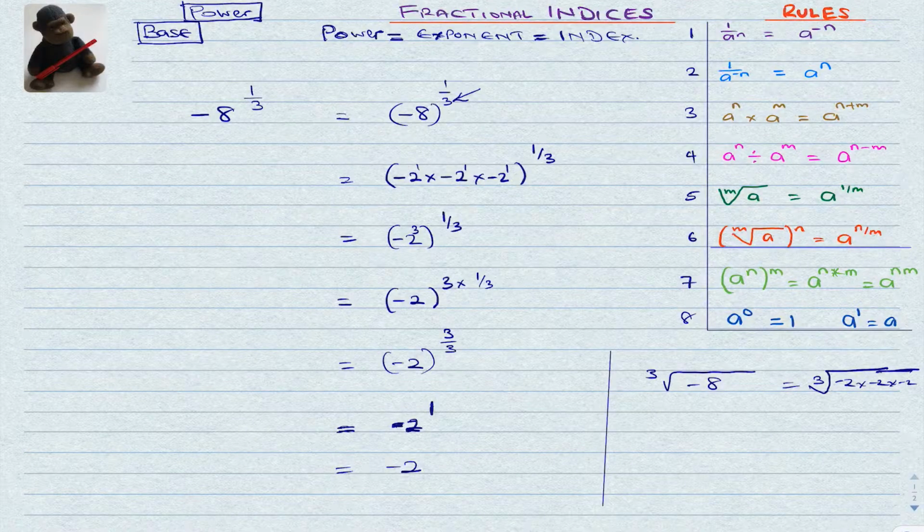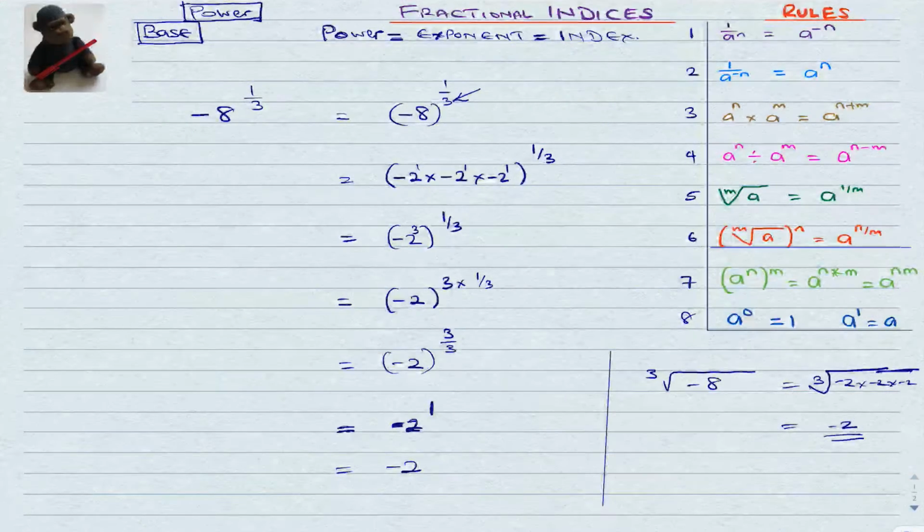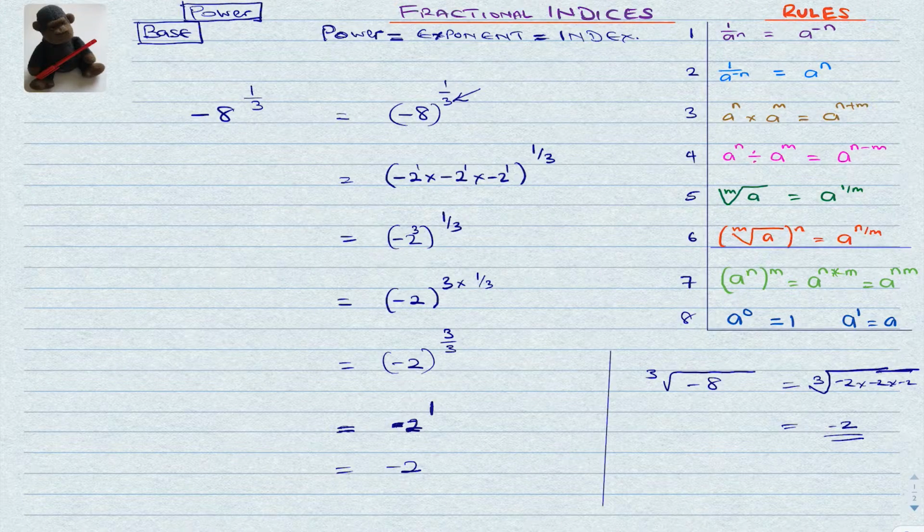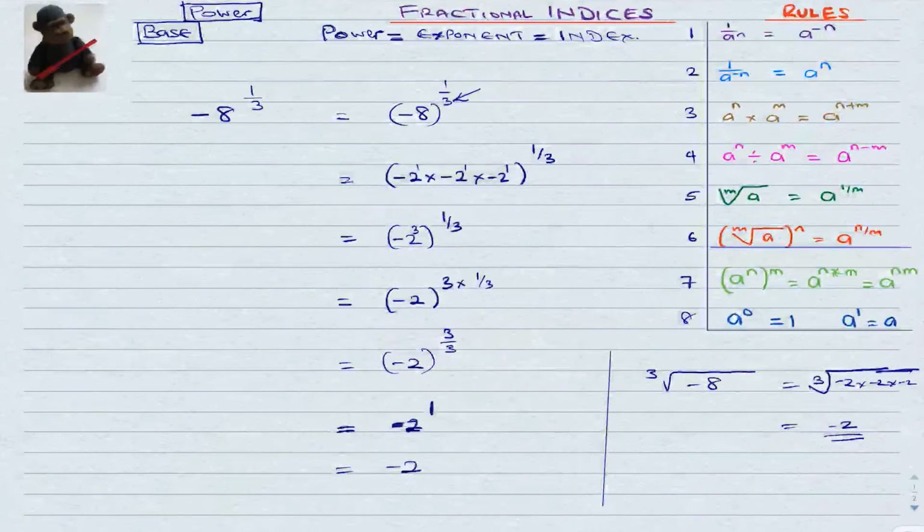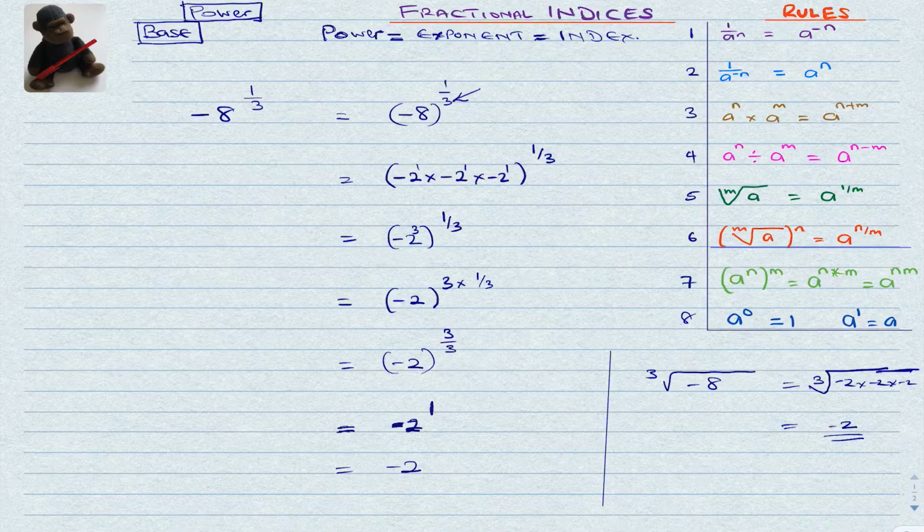That's how you get it, because there's 3 of them in that cube root, and so you only need one of those, and that will give you your answer. So the answer is minus 2. Because minus 2 times minus 2 is plus 4. 4 times minus 2 is minus 8. So one of them is your answer in terms of cube root.